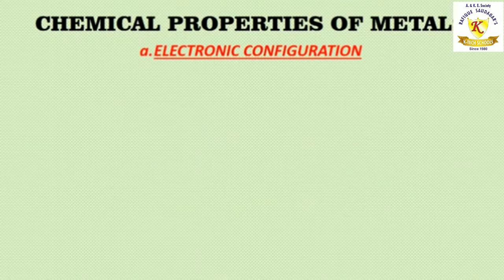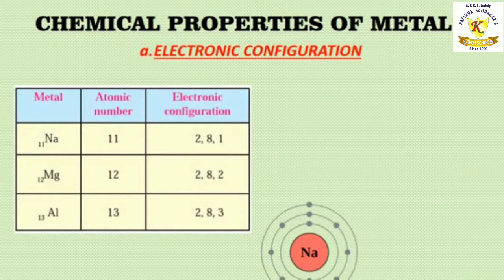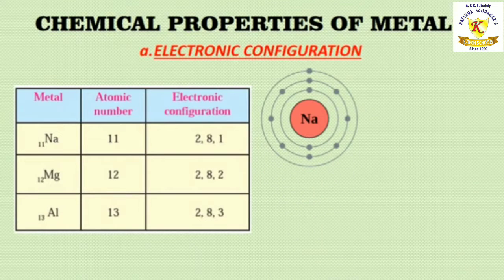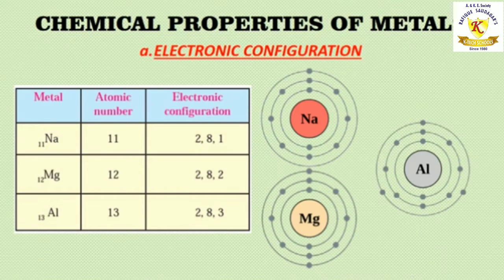To understand it better, let's see this table where we have metals like sodium, magnesium and aluminium. In the picture you can observe we have up to 3 electrons present in the outermost shell. So, this is the property of electronic configuration of metals.